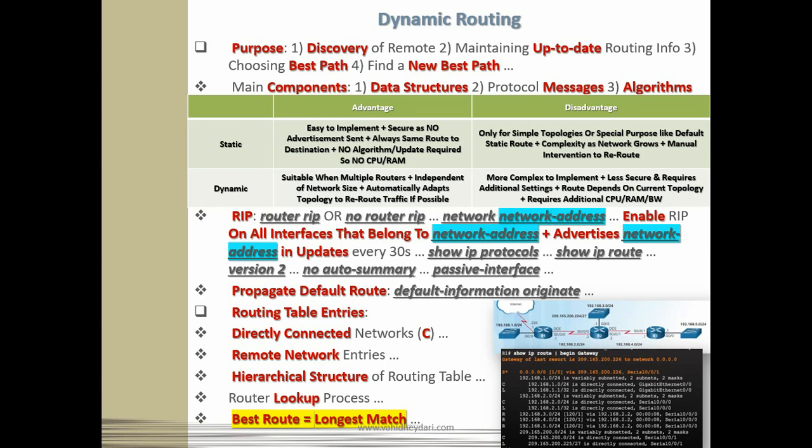Let's say we have learned about a remote network from two different route sources, one RIP with R, another one with O for OSPF. The one that has lower AD is the preferred one to get to that single specific network that we have learned through two different route sources.